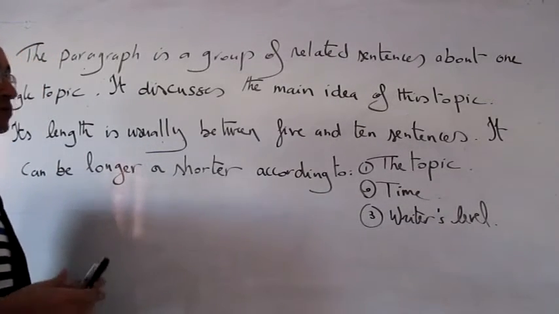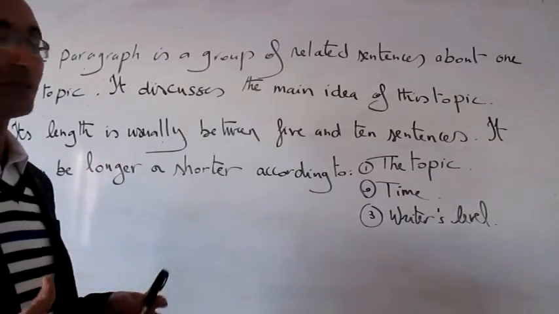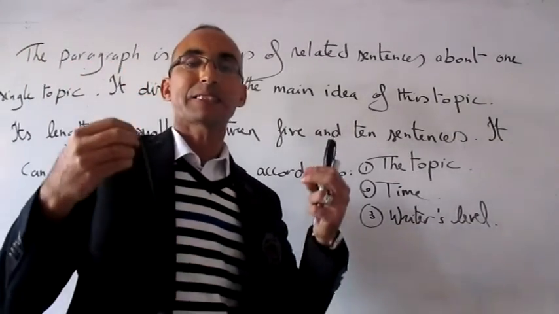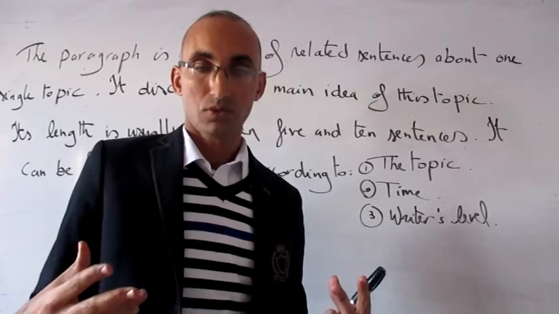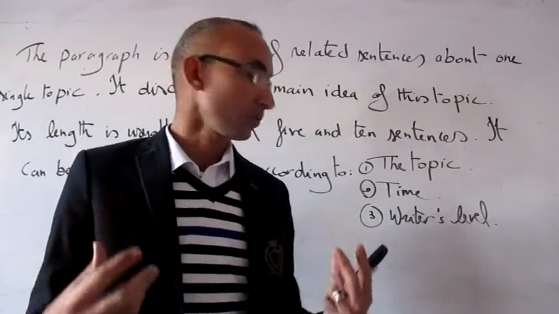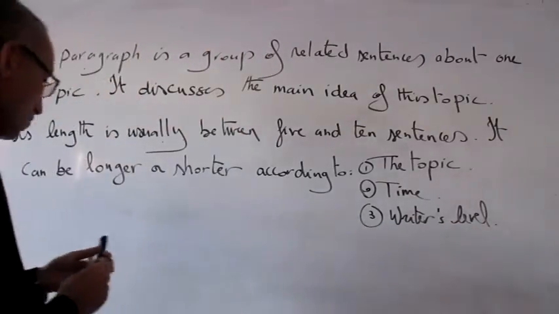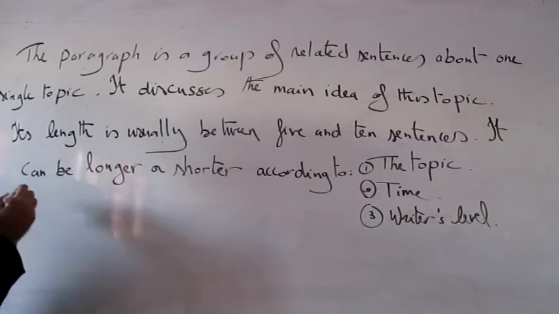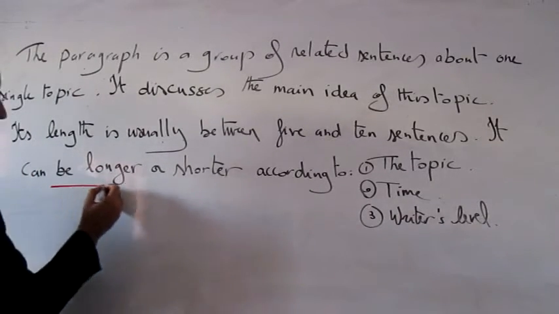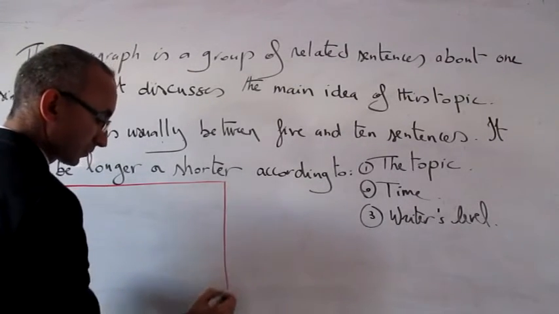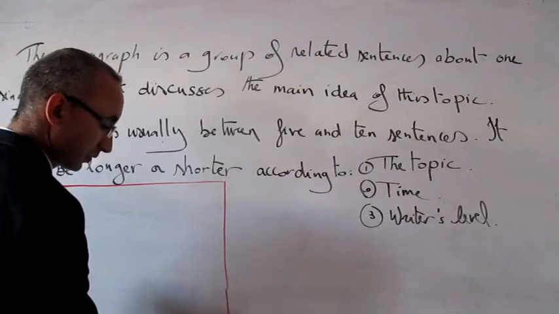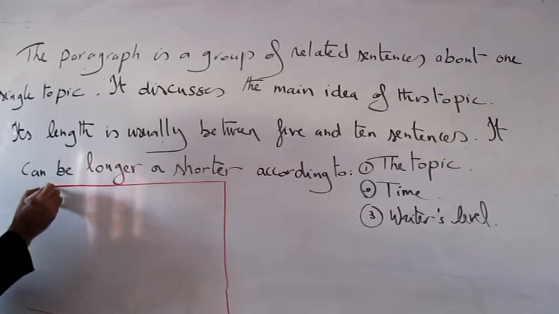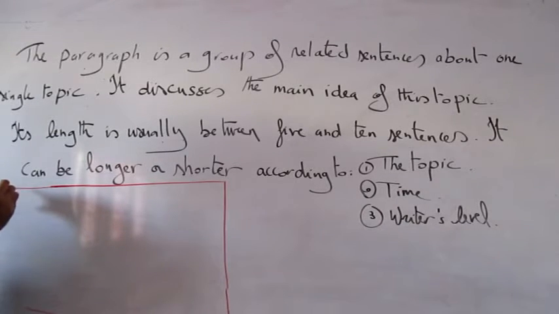Good. Now in terms of form, the English paragraph has a specific form. It takes the form of one block. For example, here's my page.